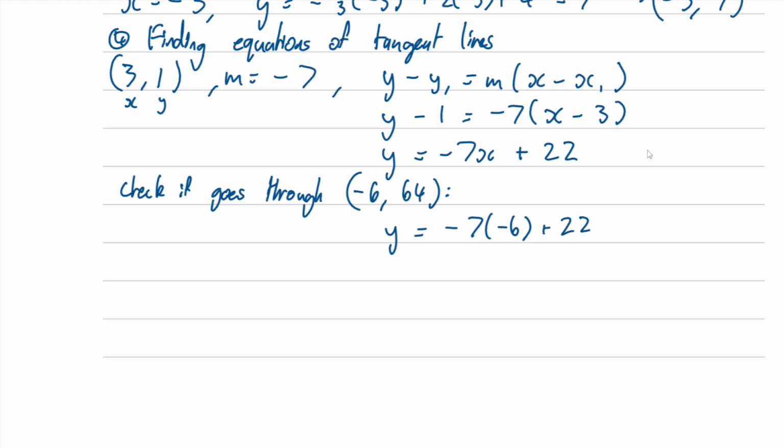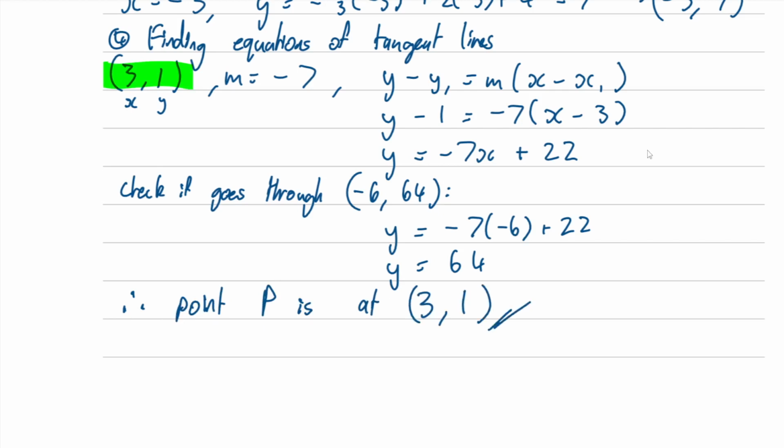So that gives 42 plus 22, which equals 64. So therefore, point P is at (3, 1). Because when we found the equation of the tangent at that point with gradient -7, it did also go through the required point, (-6, 64).